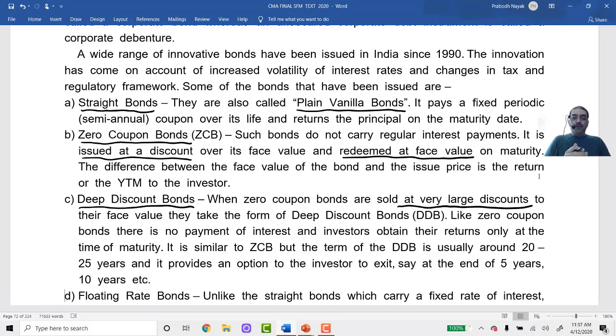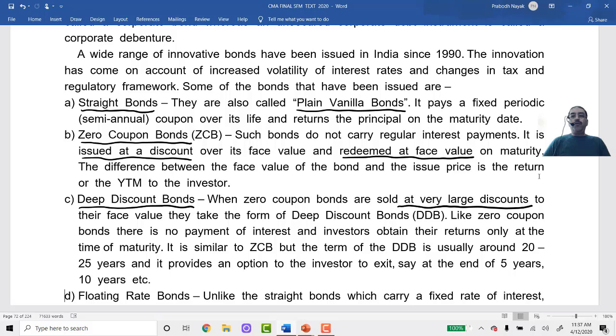Since they are issued at a deep discount, let us say 1000 rupees bonds are issued at 750 rupees. The issue price will be 750 and the redemption value is 1000 rupees. So the difference of 250 rupees per bond is your interest, or you can take it as the capital appreciation. But normally the deep discount bonds are for a longer period of time.